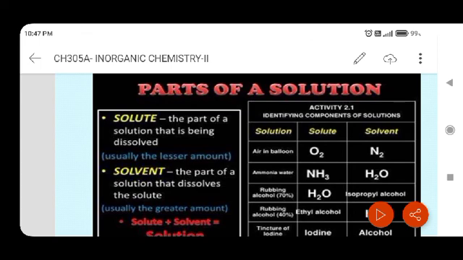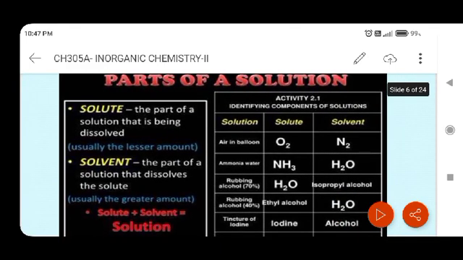Next, ammonia in water: ammonia gas dissolved in water, so NH3 is the solute and H2O is the solvent. Next, we have H2O as a solute in isopropyl alcohol as the solvent. That is a different example. Next, ethyl alcohol as solute and water as solvent.